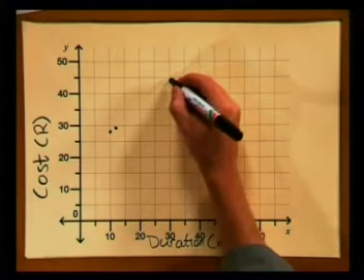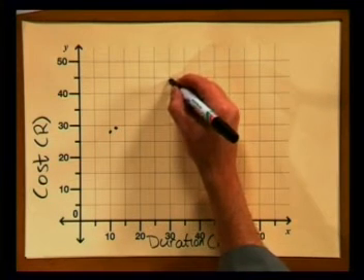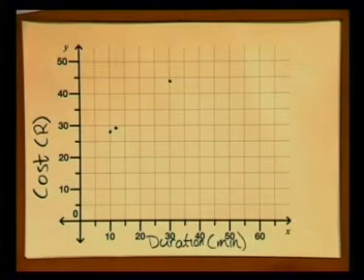So that point lies up about there. Now I can carry on and plot points for x is equal to 20 or x is equal to 40, etc. Now if I'm working accurately, the more points I plot, the more obvious it will become that these points lie in a straight line. In other words, that this graph is linear.